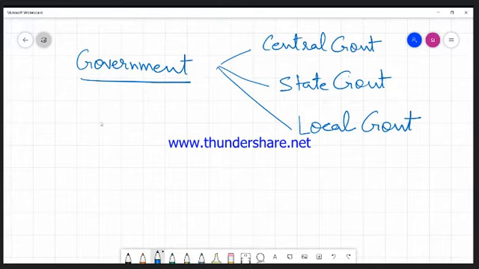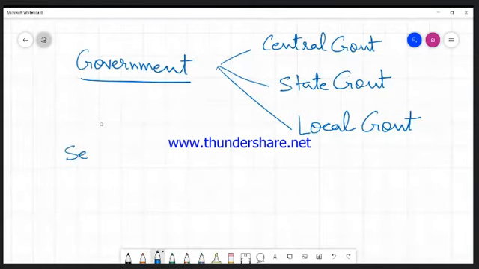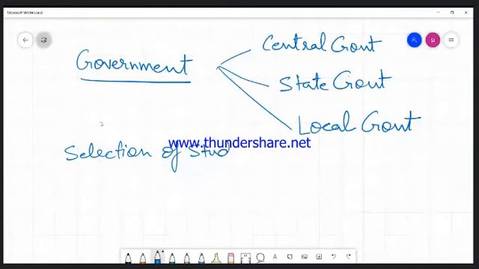So your micro versus macro will depend on selection of study unit.